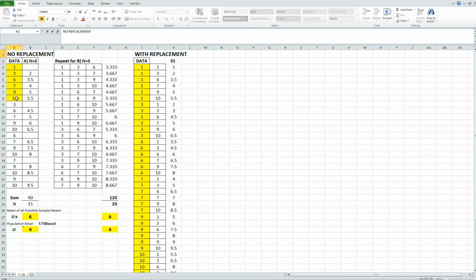So I do want to just say that I'm not a big fan of this concept or even having to do this work, simply because in the real research world you're not concerned about things like replacement or without replacement.